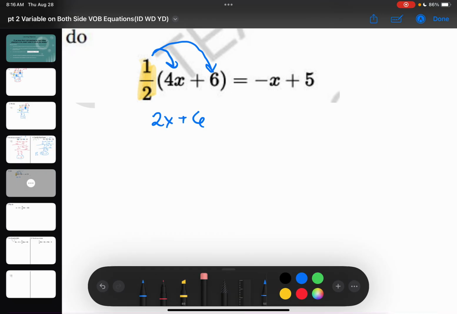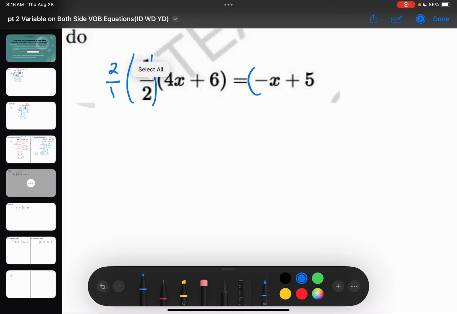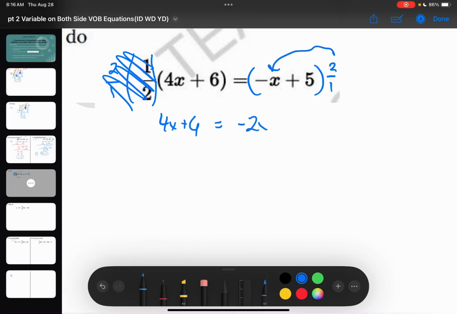And we're basically done with that distribution. Now, you could do as we did with these problems previously, which was multiply by the reciprocal, which would mean I would multiply this entire thing by 2 over 1. And again, that would be fine as well. Now, this part would cancel, and that leaves me 4x plus 6 equals negative 2x plus 10.